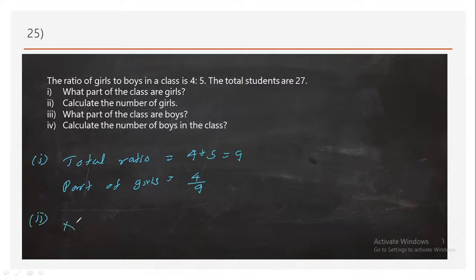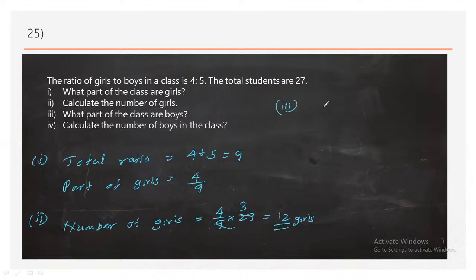Number of girls means 4/9 into 27. 12. Number of girls, 12.